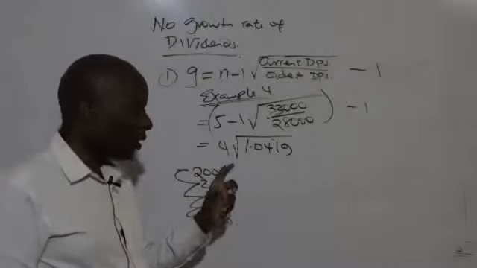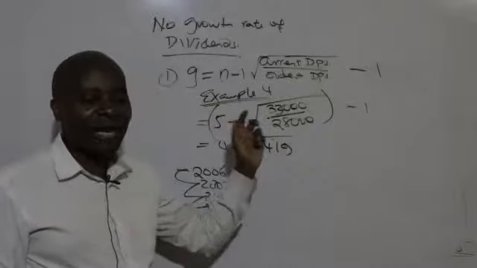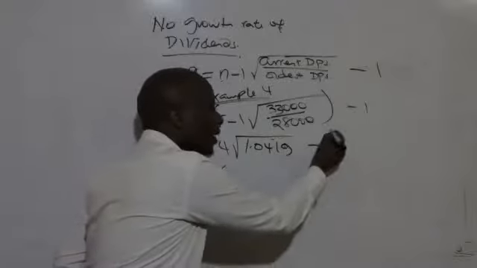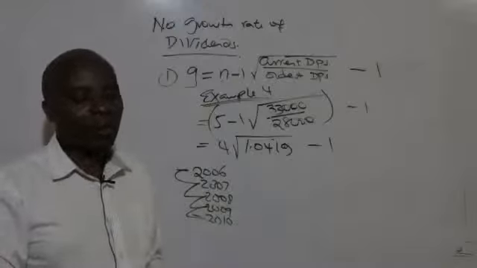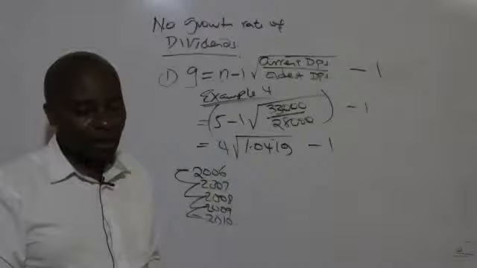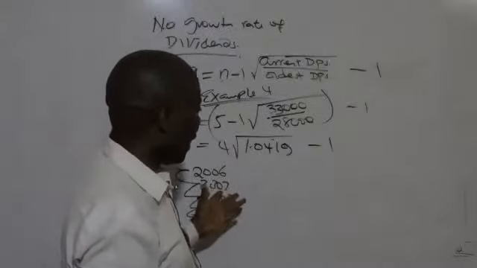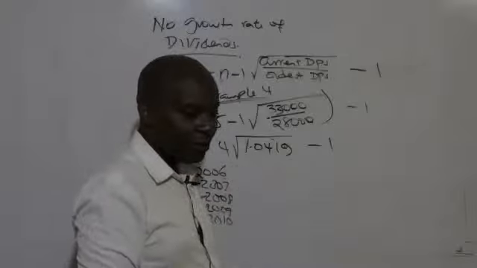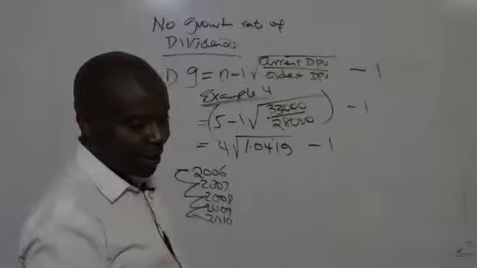So the fourth root, and whatever answer you get, don't forget to deduct 1. So then what do we have here at the end of the day? Somebody give us an answer.